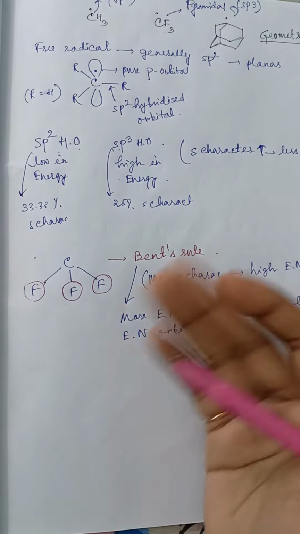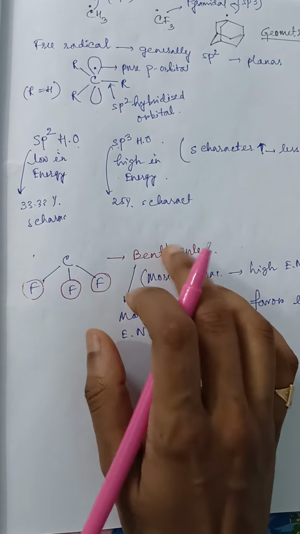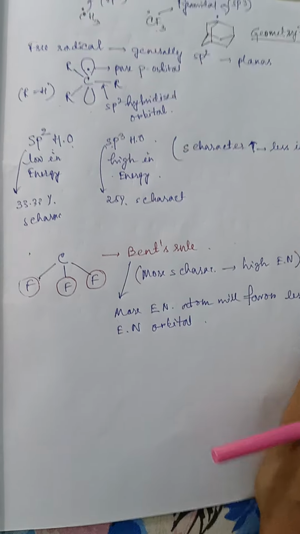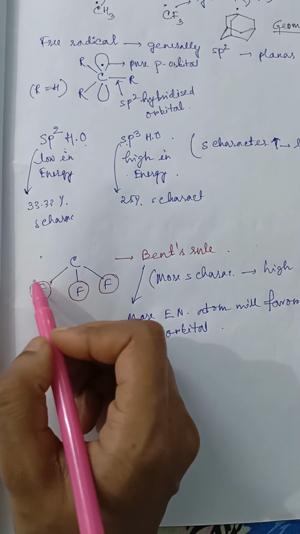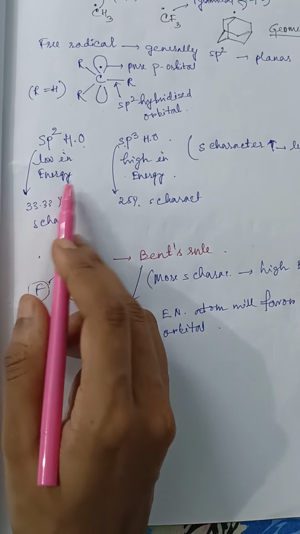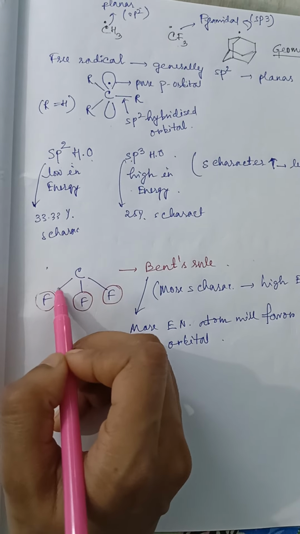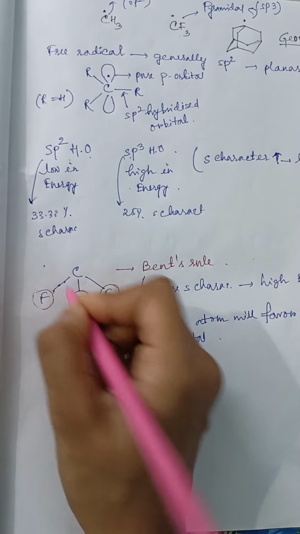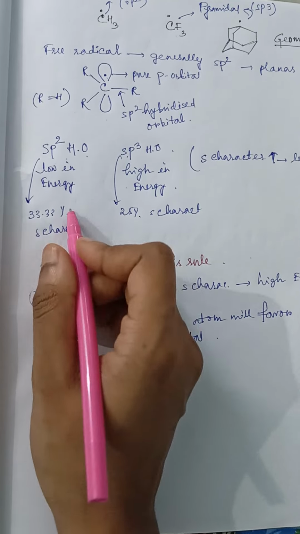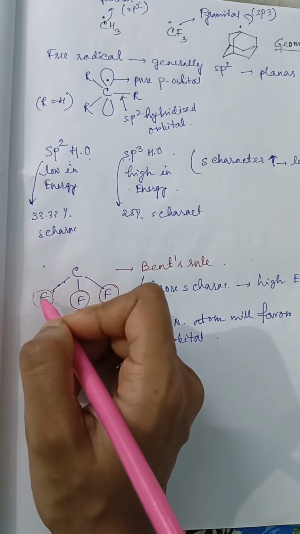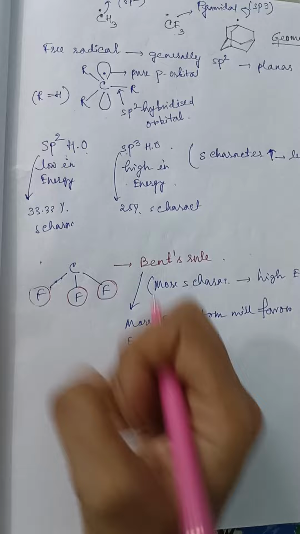And what is the actual reason behind this Bent's rule? Now you see, if these bond pair electrons are kept in the more electronegative sp2 hybridized orbital, the hybrid orbital will try to withdraw the electron towards itself.